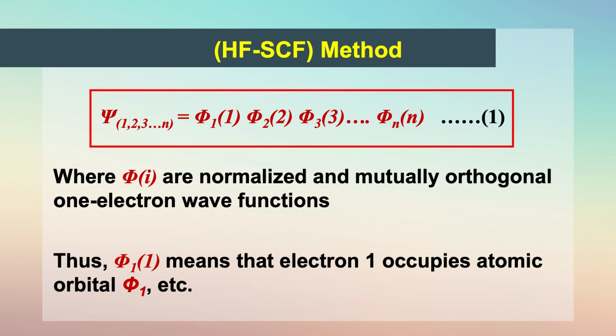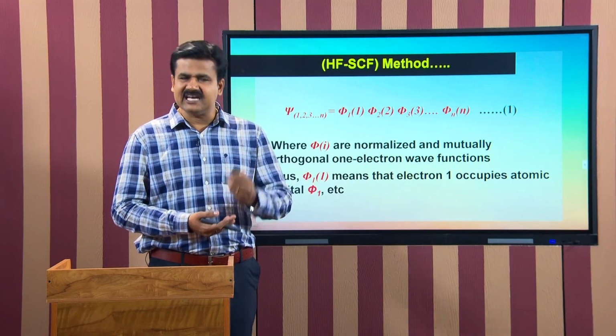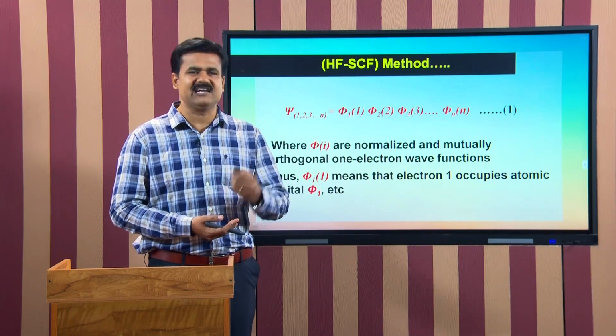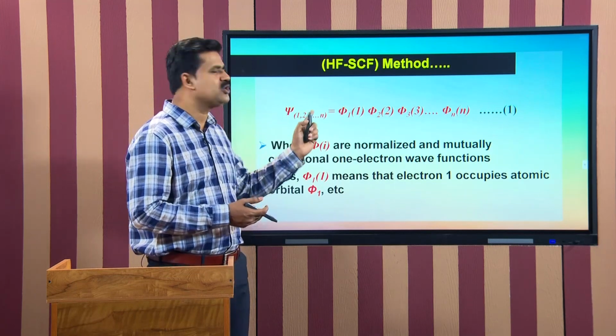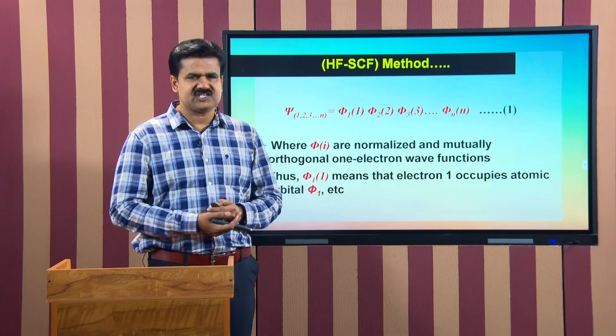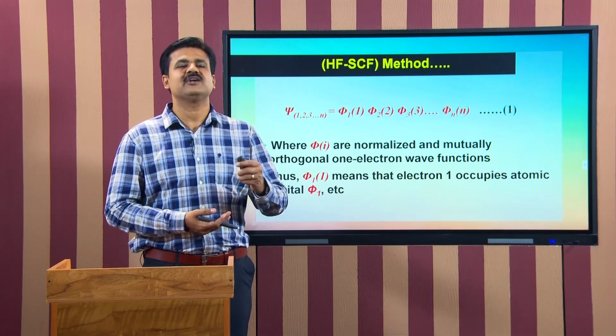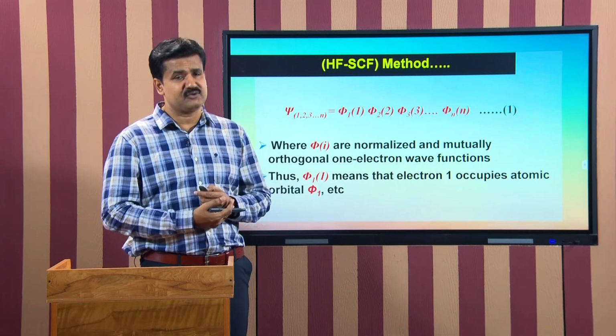Here we have a quantum mechanical system, an atom of n electrons. The total wave function is psi of 1, 2, 3, etc. up to n. This is the total n-electron wave function, and it can be represented as a product of n one-electron wave functions.